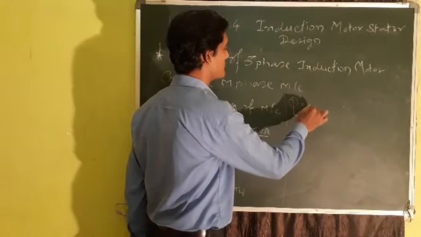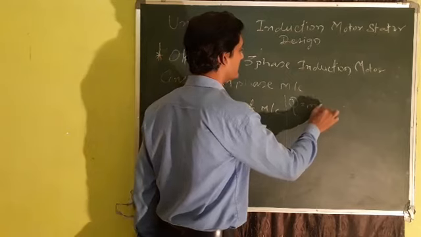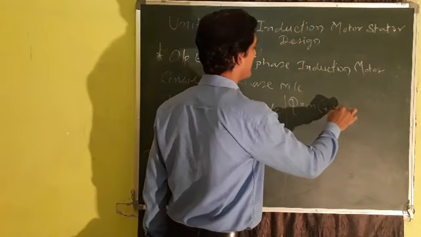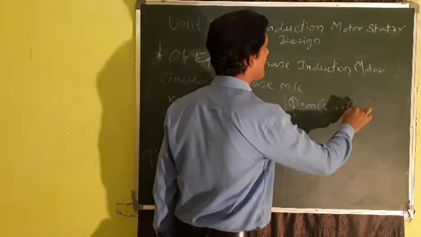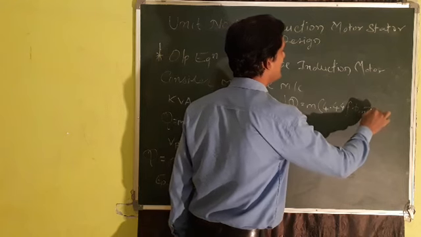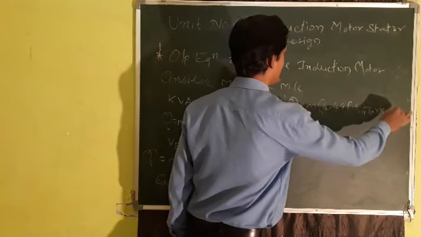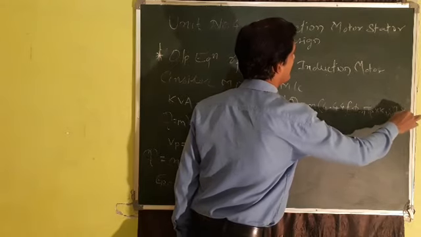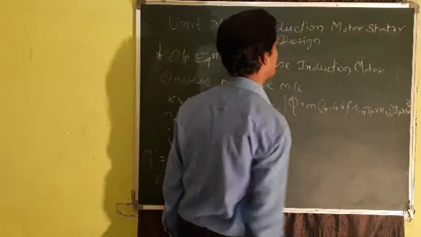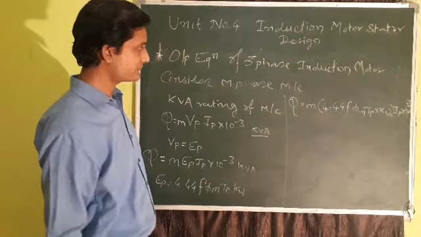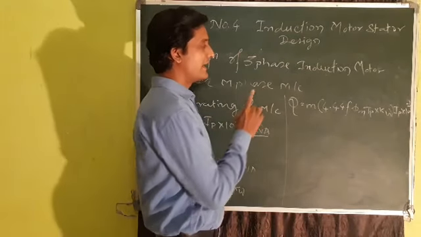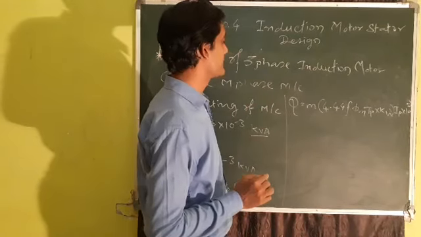Now substitute the value of Ep in this equation. So Q is equal to m into 4.44 f phi m into Tp into Kw into Ip into 10 raised to power minus 3. Now here we know that f is the frequency of the machine.